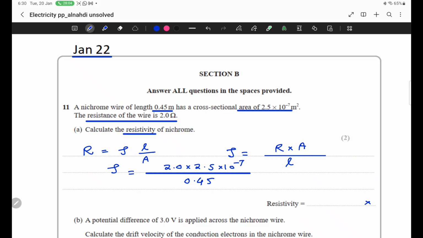The unit of resistivity is not given, so you should write the unit of resistivity. So the unit of resistance is ohm, area is meter square, length is in meter, and if you cancel out meter with meter square, then the unit of resistivity is ohm meter.